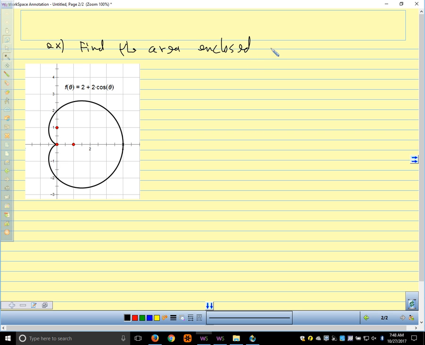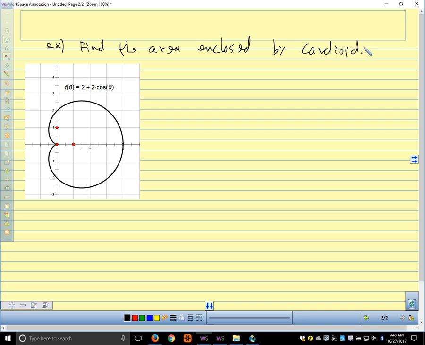One thing to be careful with when you're finding areas enclosed by curves is to make sure of the interval on which the curve is traced one time, because depending on the function, it may be traced multiple times between theta equals 0 and theta equals 2 pi. If you're not sure, you should graph it in your calculator to make sure it's not being traced twice.